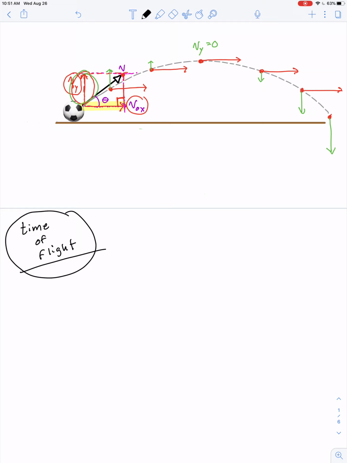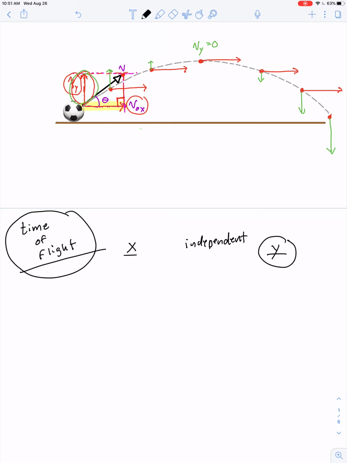All right, we're going to follow the advice of treating horizontal motion and vertical motion as two separate and independent types of motion. So the time of flight, I think we can figure out based on just the vertical motion alone.